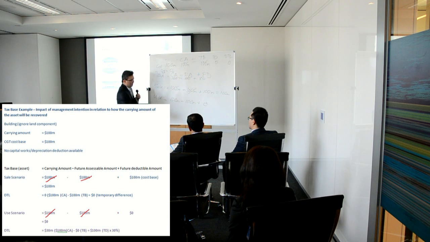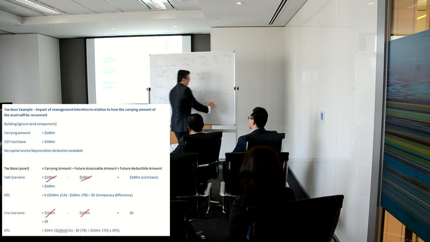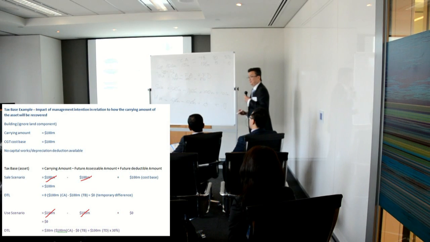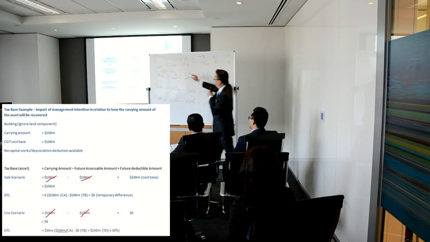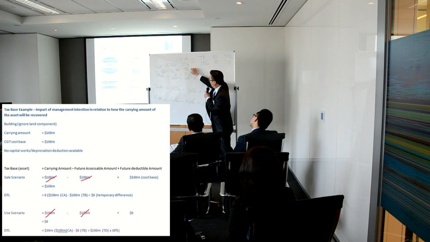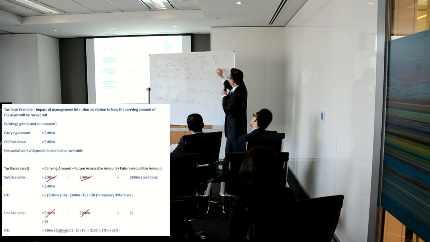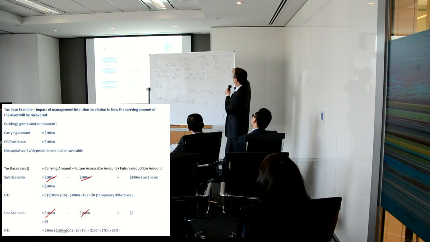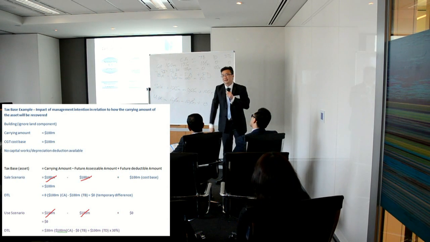So my tax base is 0. So under the use scenario, I got a carrying amount of 100 million. I got a tax base of 0. I got a temporary difference of 100 million. Deferred tax liability of 30 million.